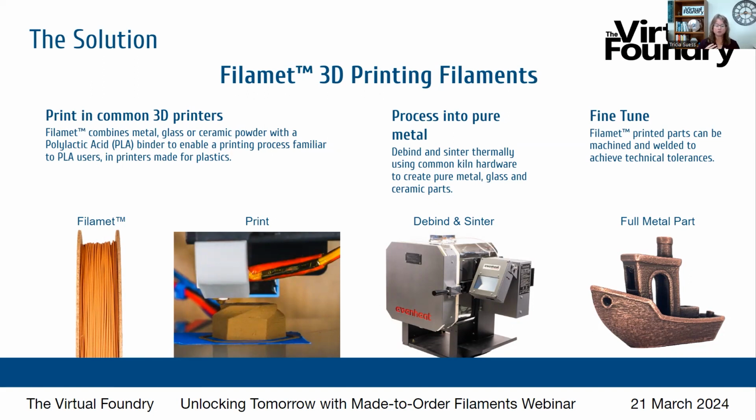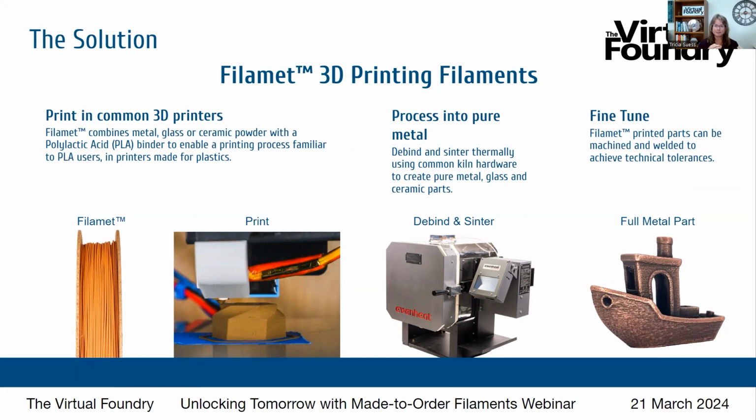We're going to start with a loading material of metal, glass, or ceramic, and we put as much of that as we can into a PLA-based binder. Because the powders are held together with PLA, they print just like PLA. So if you're already 3D printing PLA, the switch to these metal, glass, and ceramic filaments will be pretty easy.